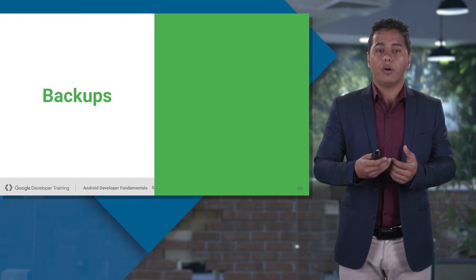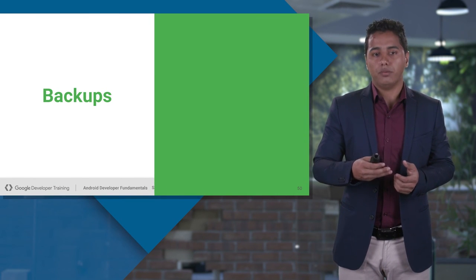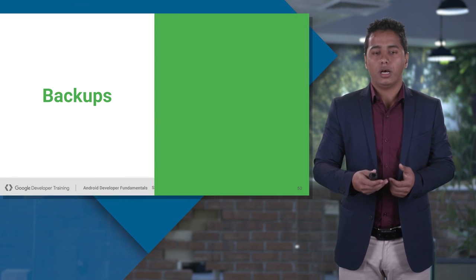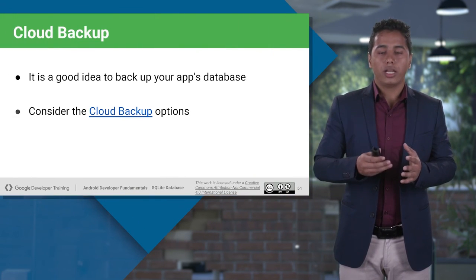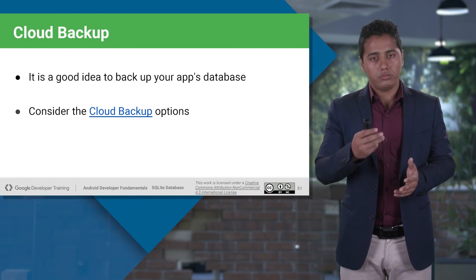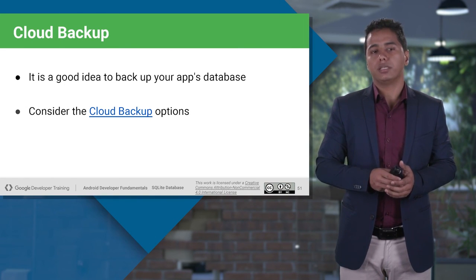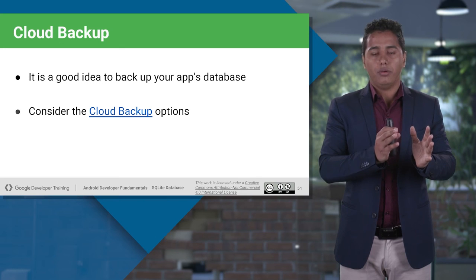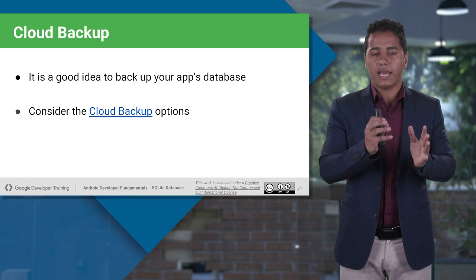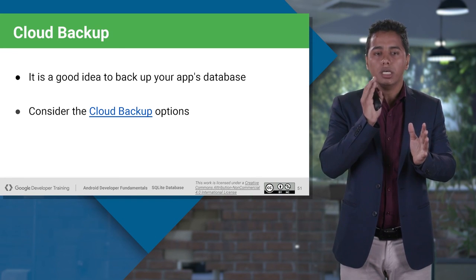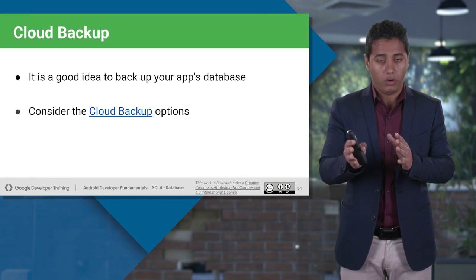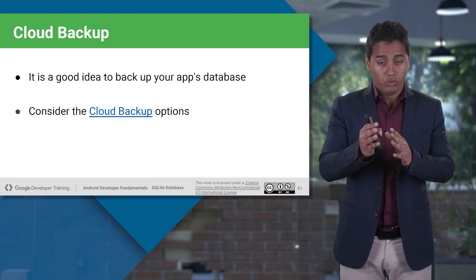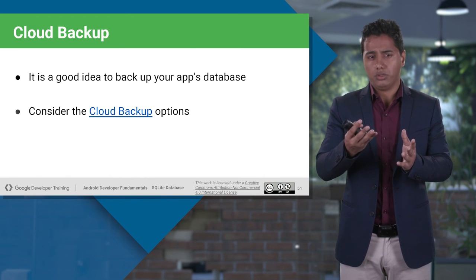Now let's talk about if you want to get the backup of your application over the cloud. How can you do that? All you have to do is, in the manifest file, wherever your application tag is, provide an attribute known as allowBackup as true. Just putting that true will not take the backup.